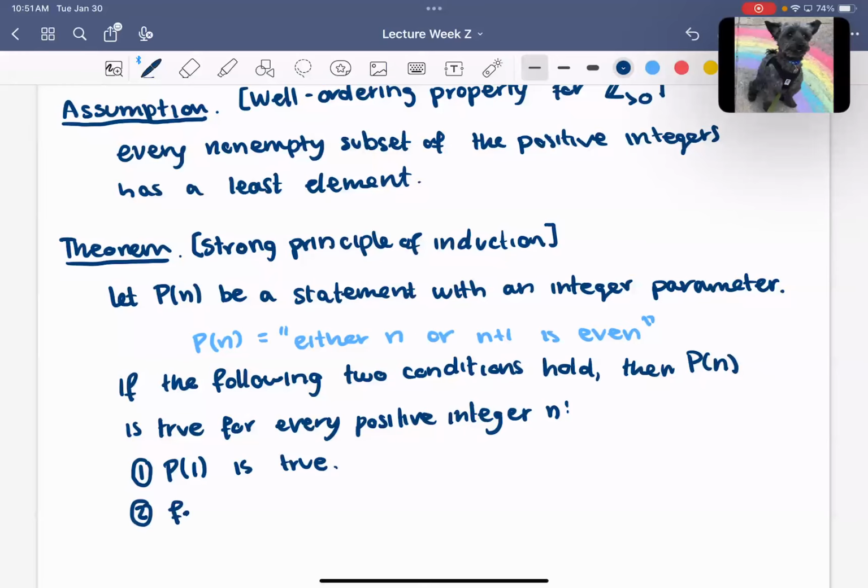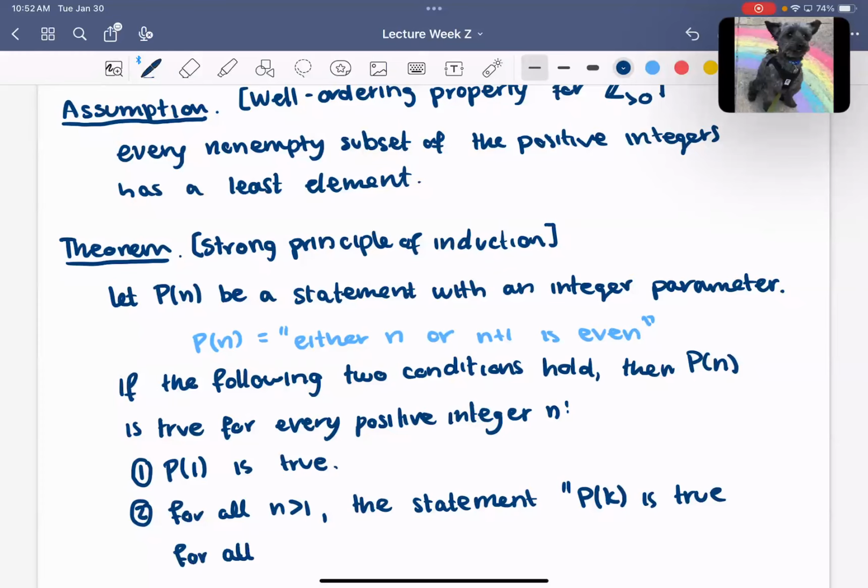For all n greater than 1, the statement P of k is true for all k in between 1 and n implies the statement that P of n is true.